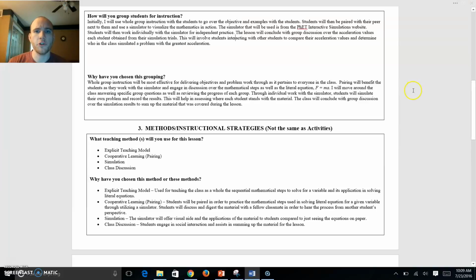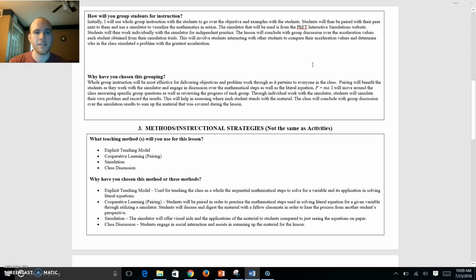The lesson will conclude with group discussion over the acceleration values each student obtained from their simulation trials. This will involve students interacting with other students to compare their acceleration values and determine who in the class simulated a problem with the greatest acceleration.